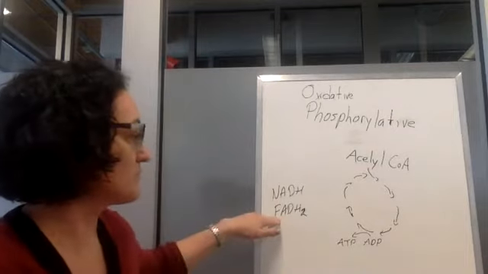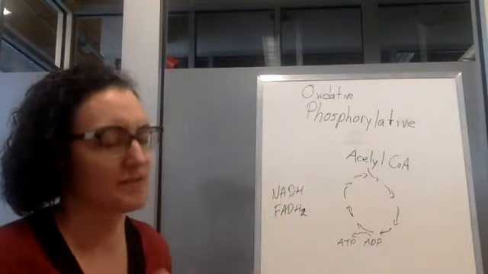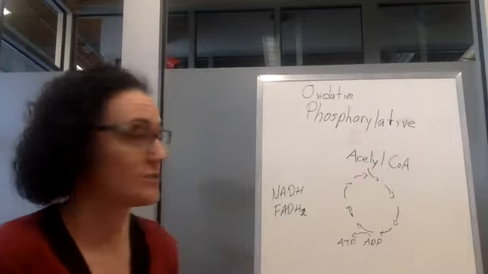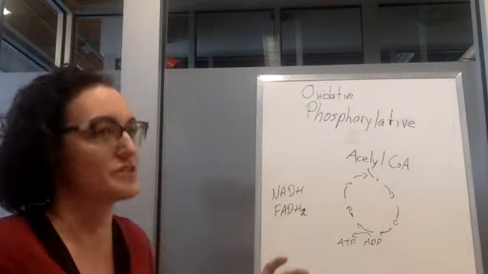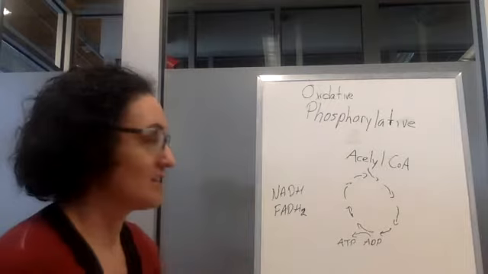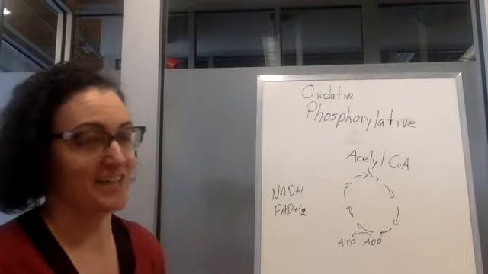And you have another carrier called FADH2, which also carries hydrogens. So basically they're hydrogen carriers, which is important for the last step, which is the ATP synthesis, aka electron transport chain.